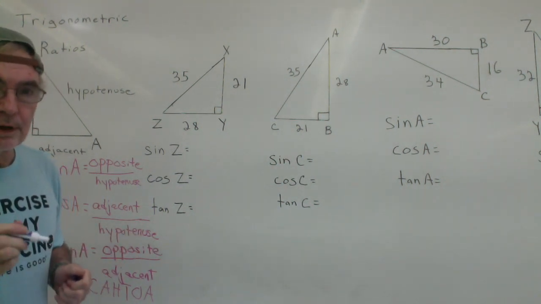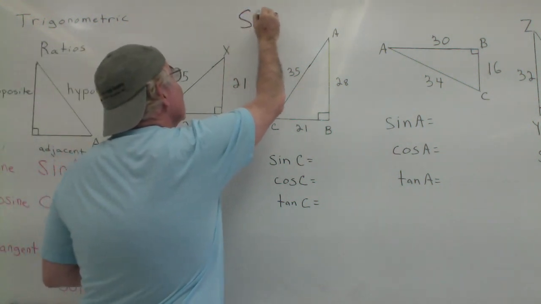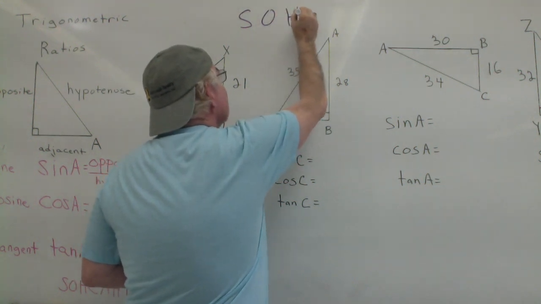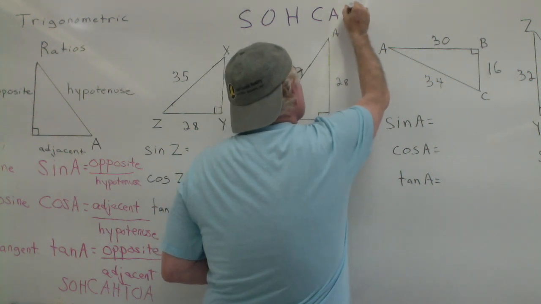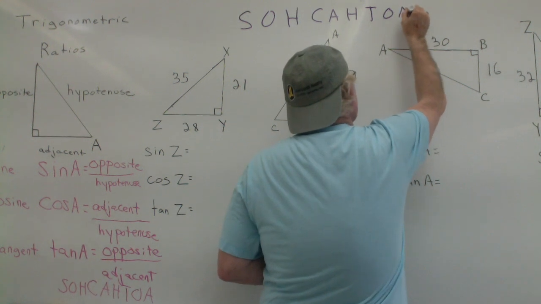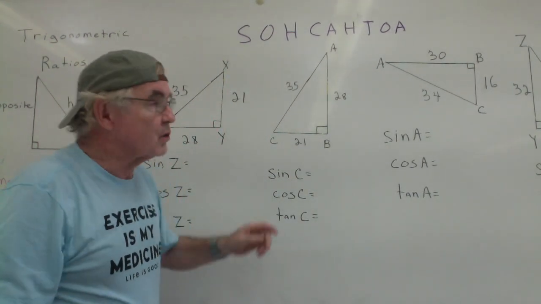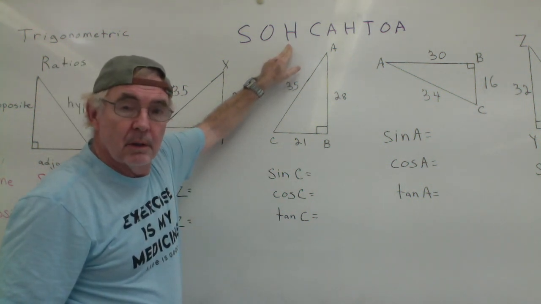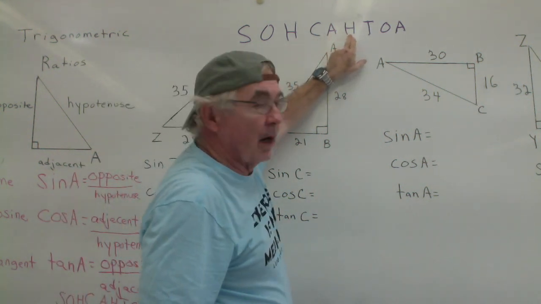So what I'm going to do is write SOH CAH TOA up there as a reference. Sine, opposite over hypotenuse. Cosine, adjacent over hypotenuse.